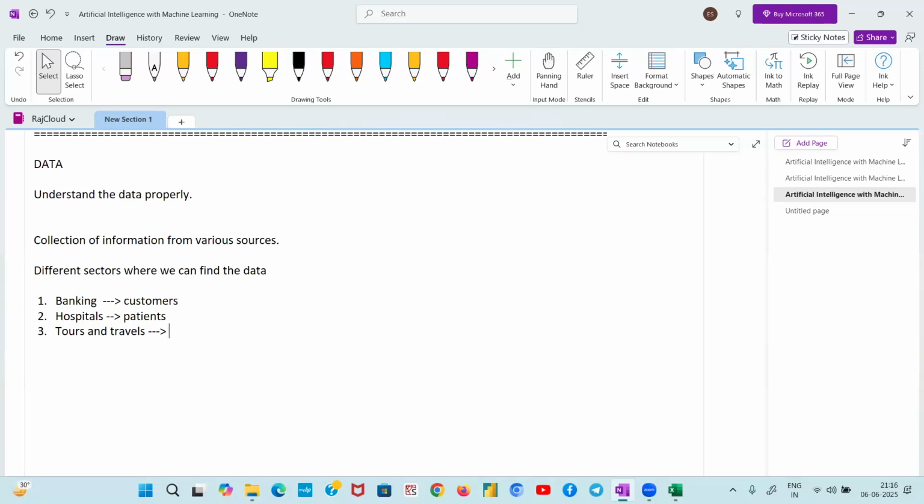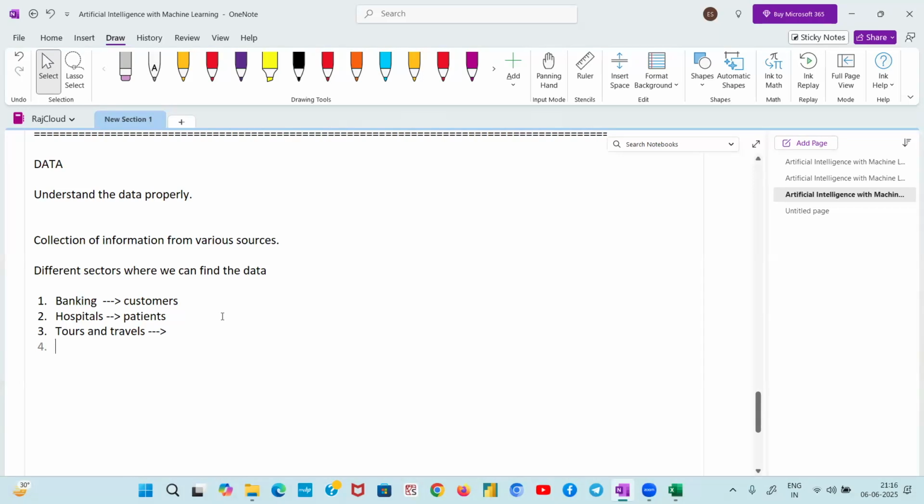So tours and travels also hold customer information: from which source to which destination they are travelling, with how many customers, where the boarding point is, where the destination point is, so many things. So tours and travels also will have a large amount of data or not?